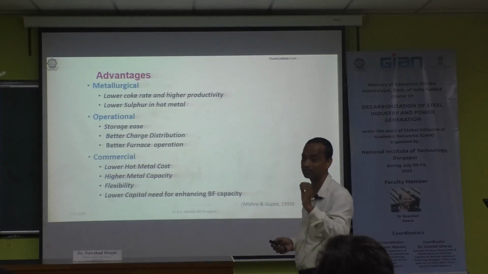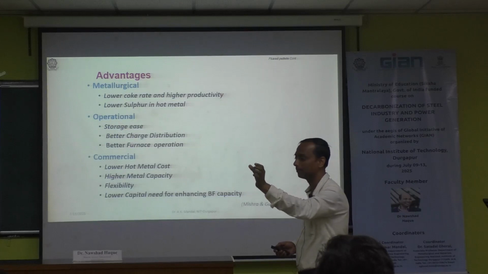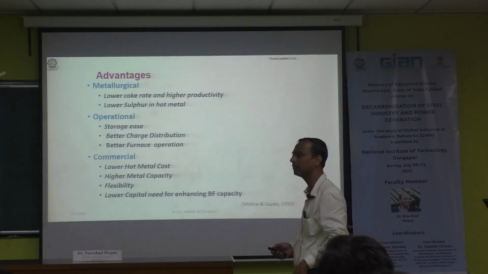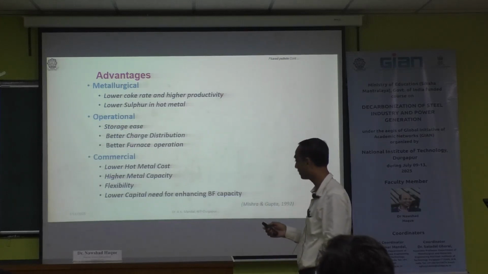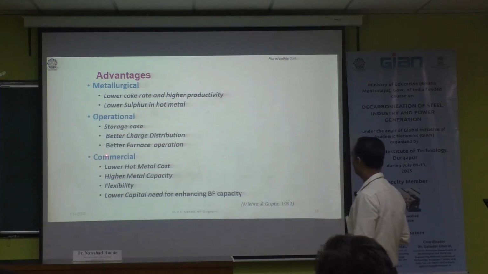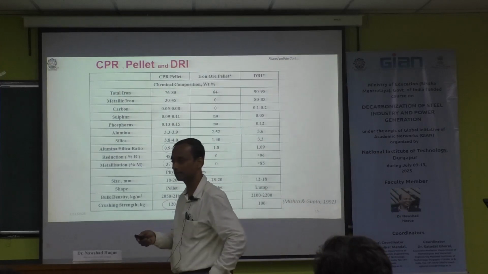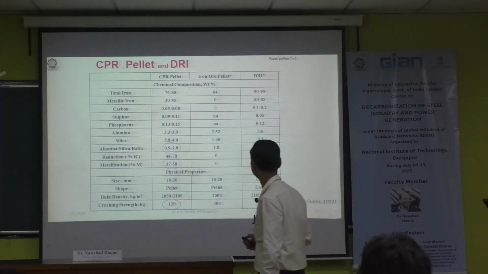And if your pellet size is a close size like 15 to 16 mm, then permeability is maximum. And better furnace operation, commercially you see lower hot metal cost, higher metal capacity, flexibility, lower capital needed for enhancing the blast furnace capacity, like I discussed, we sometimes buy those materials to improve the production.